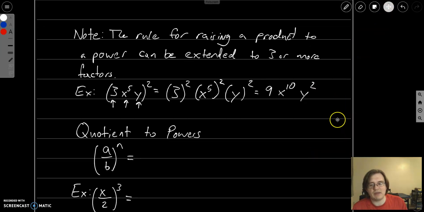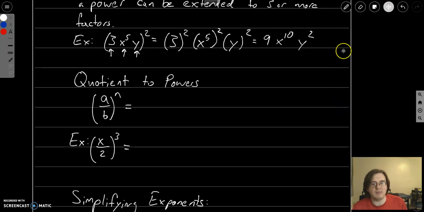The exact same thing happens for division, remembering that when we divide a by b, it's the same thing as taking a times 1 over b. So since division is the same thing as multiplication, we can apply the same rules to exponents.